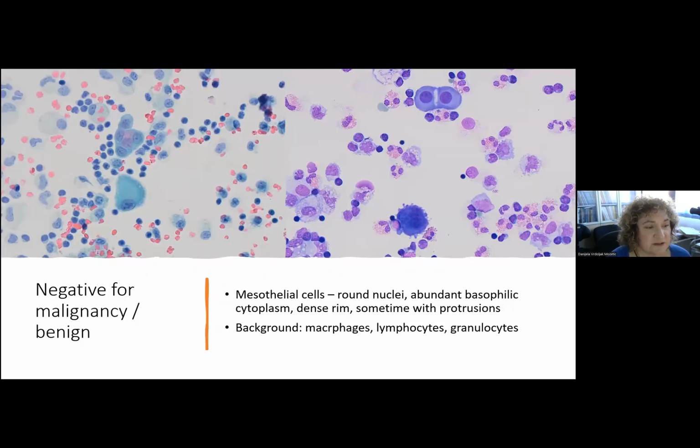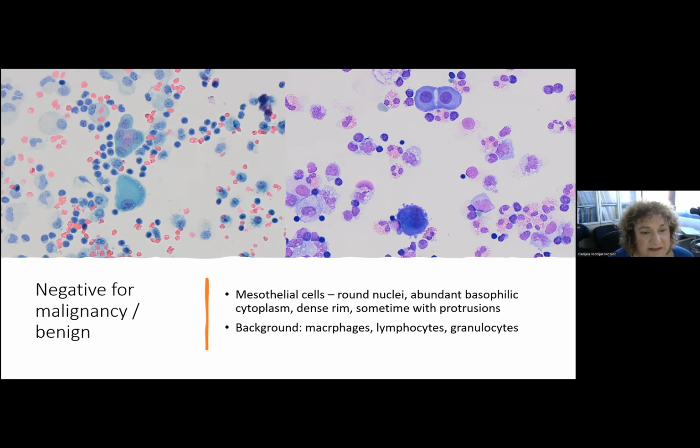So how does it look when it is negative for malignancy or benign? You can see here mesothelial cells, here stained with the Papanicolaou stain, and here with the May-Grünwald stain, with the round nuclei, abundant basophilic cytoplasm, sometimes with a little bit dense rim, and sometimes with cytoplasmic protrusions, as you see here in this cell.